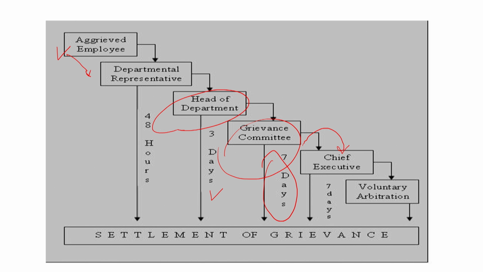And even when we have the chief executive, as we told you, all the collection of the information will be done, all the analysis would be done, and the decision can be taken. But if the aggrieved employee is still not very happy, or the grievance remains unsettled, then ideally it will be referred for the voluntary arbitration.